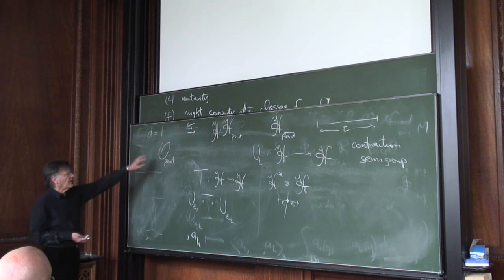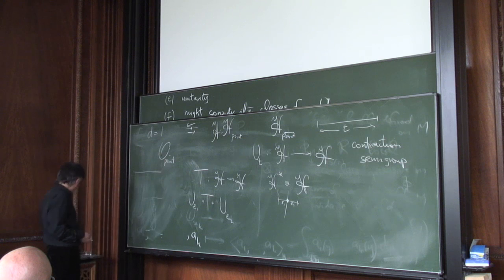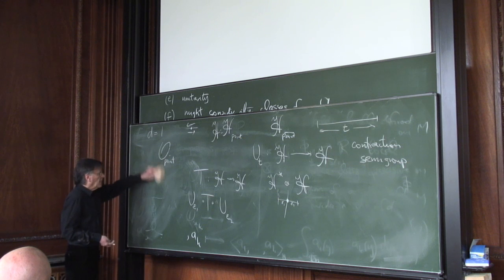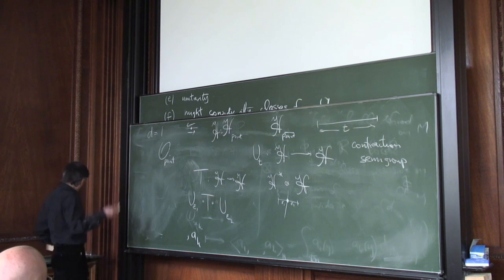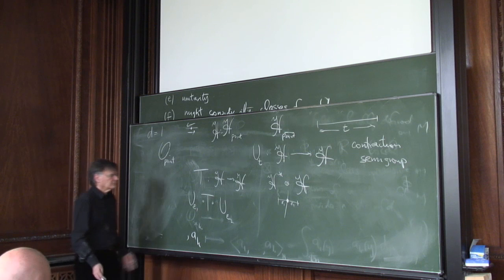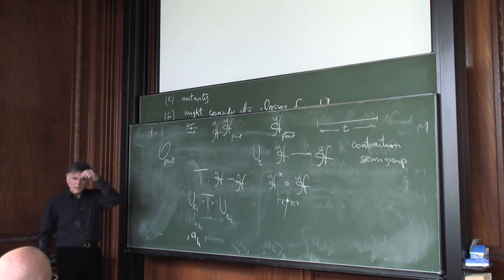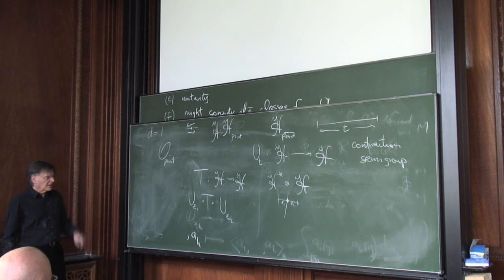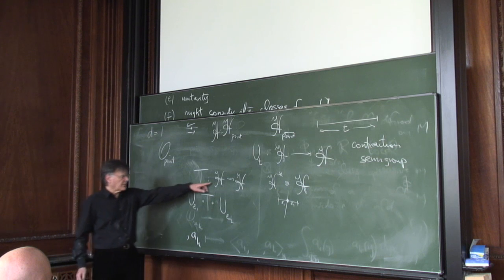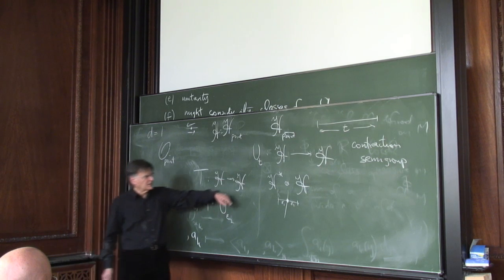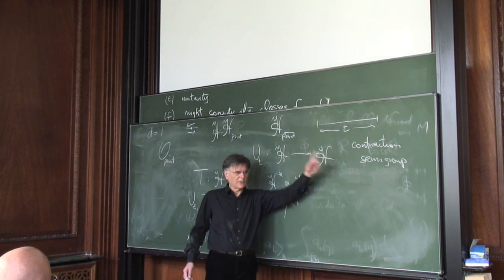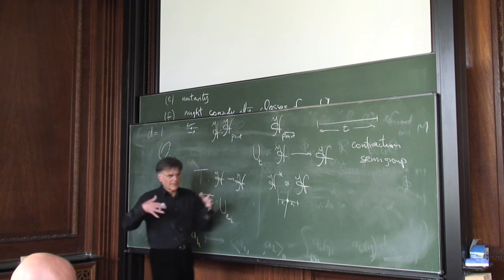So this will be very far from being an algebra, but it will have the structure of it. But you have then probably domain questions. Sorry? Yeah, so the domain of this operator will be the image of a typical element of this contraction semigroup.